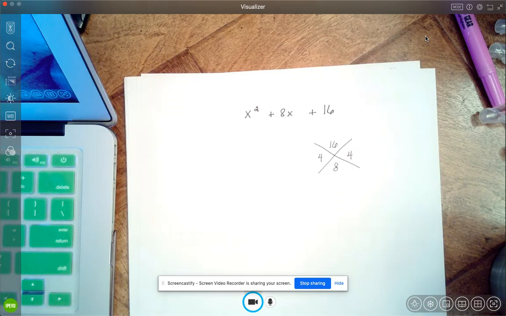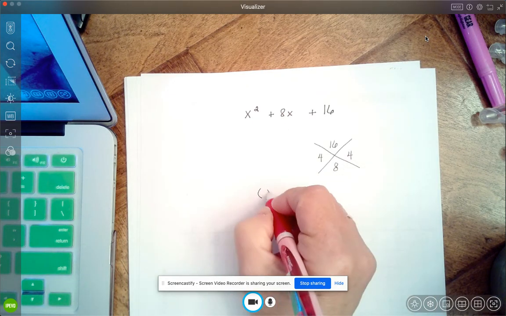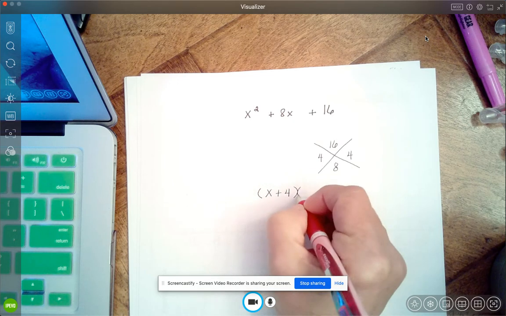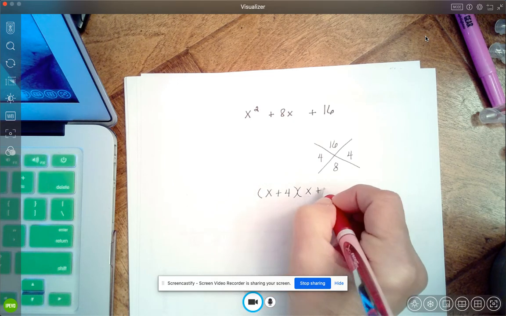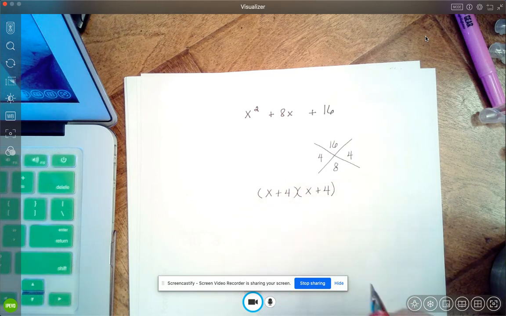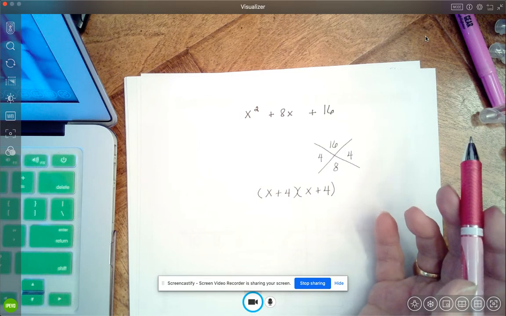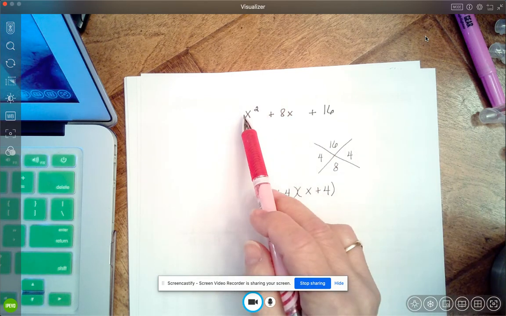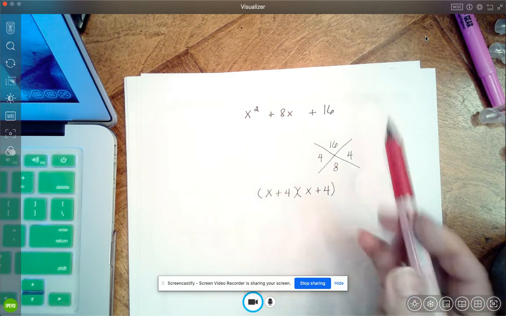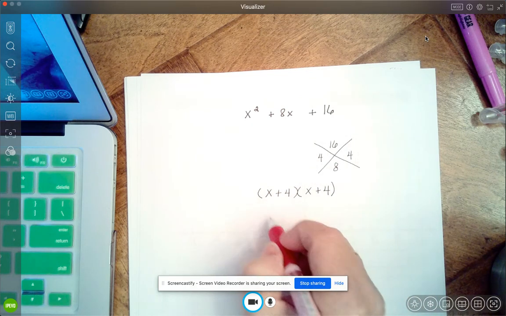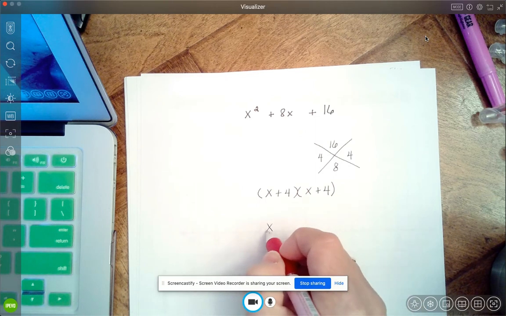I'm going to go ahead and write my two binomials. I have a positive 4: x plus 4, x plus 4. If I check, I don't have to divide by anything. I would be dividing by 1 because we have a leading coefficient of 1. So this is my answer. If I'm going to check it, x times x is x squared.